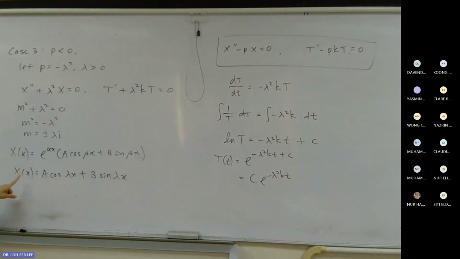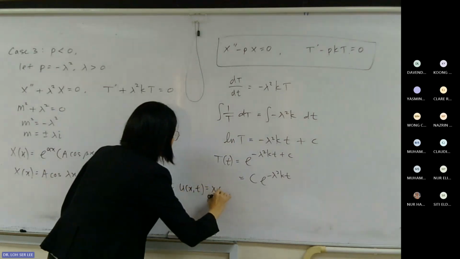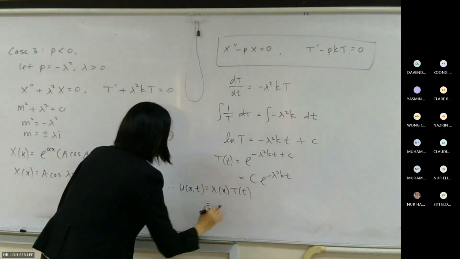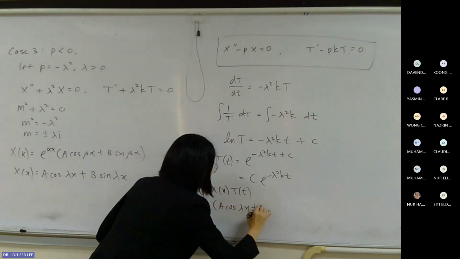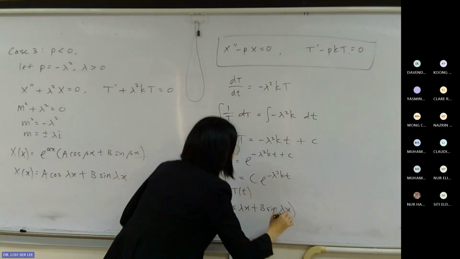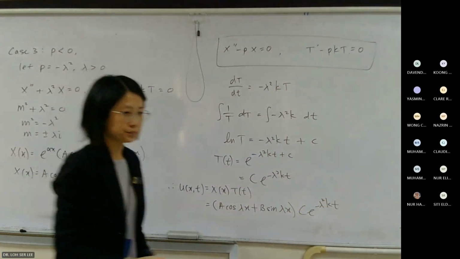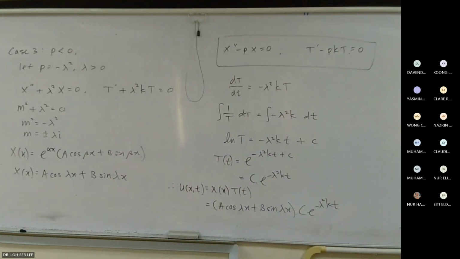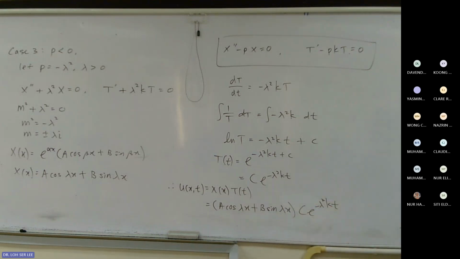Okay, and finally we combine the X and T. So your u(x,t) is X times T: A cos lambda x plus B sine lambda x, times C e to the negative lambda squared kt. Then you can combine the AC and also the BC.